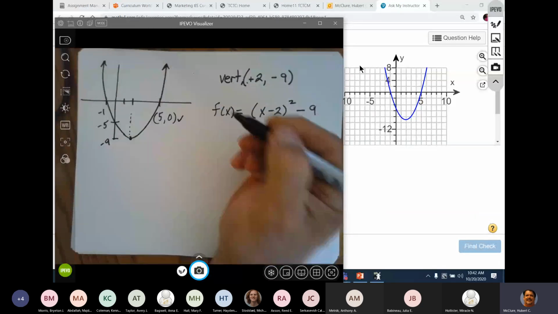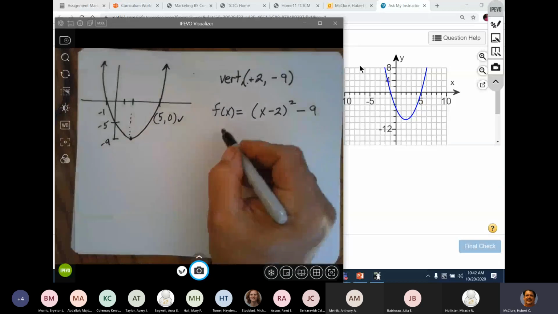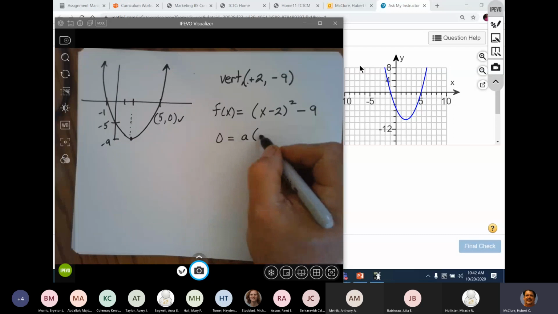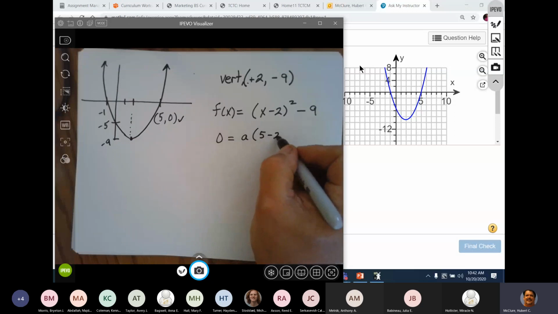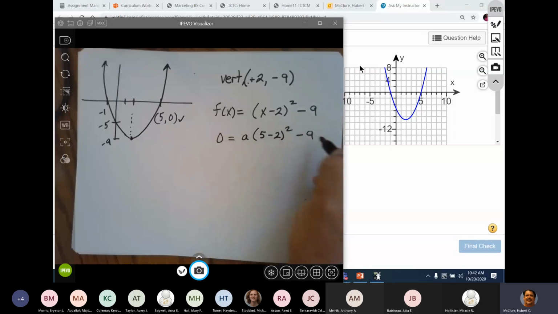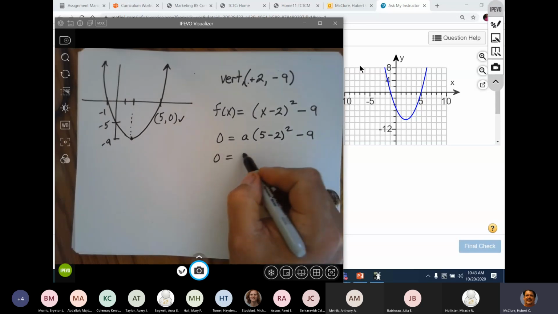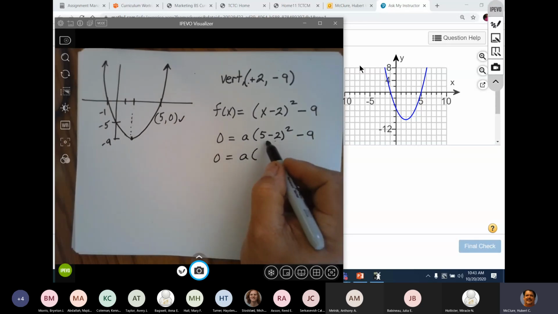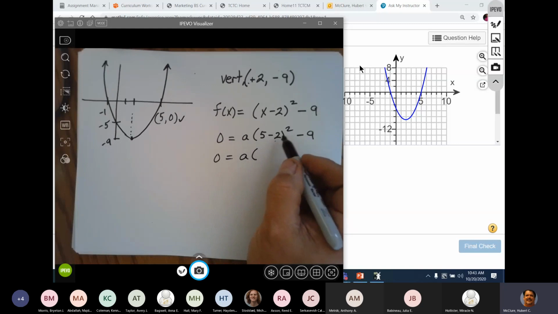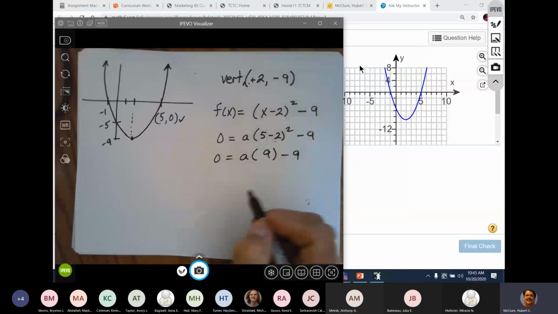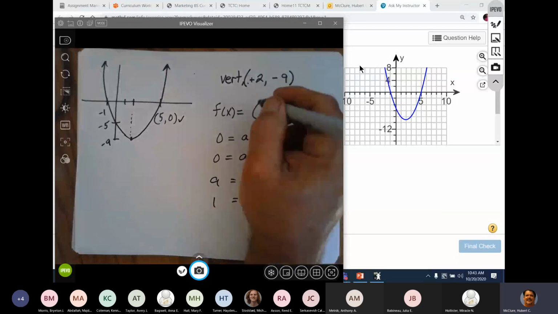I'm going to pick that point, and I'm going to plug in a 0 right here. 0 equals a times 5 minus 2, quantity squared, minus 9. 5 minus 2 is what? 3. 3 squared is 9. And 9a is equal to 9. a is equal to 1. So we know a is equal to 1.